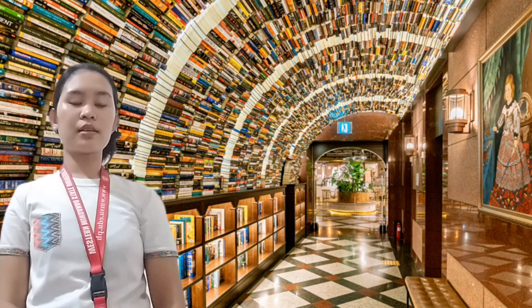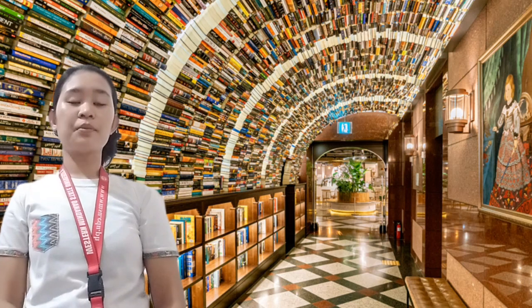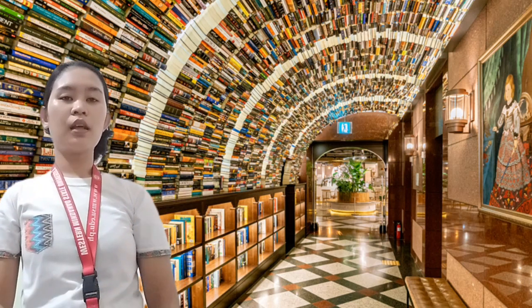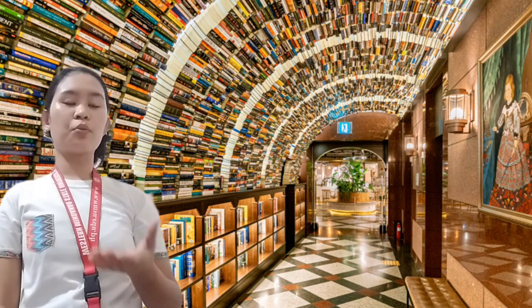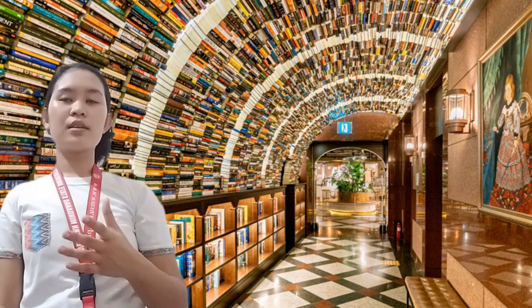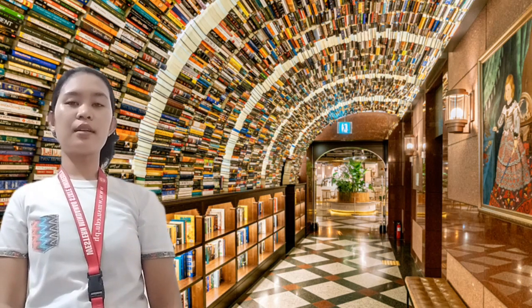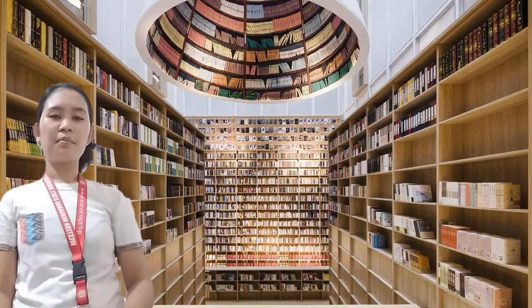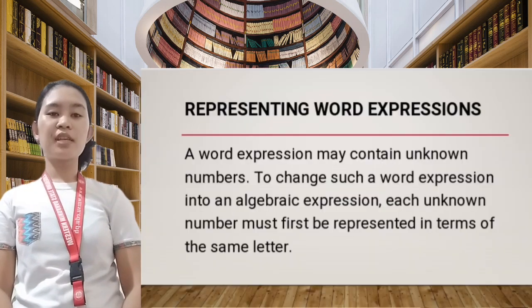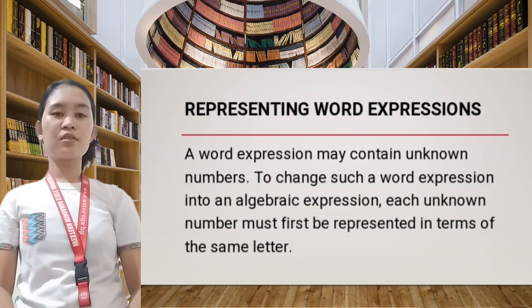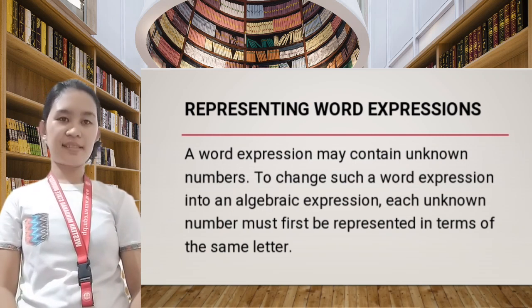Next, I will give you an example so that you are really going to understand how to change word expressions into algebraic expressions. But before that, representing word expressions. A word expression may contain unknown numbers.